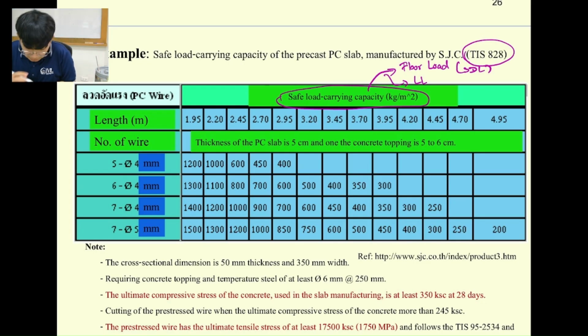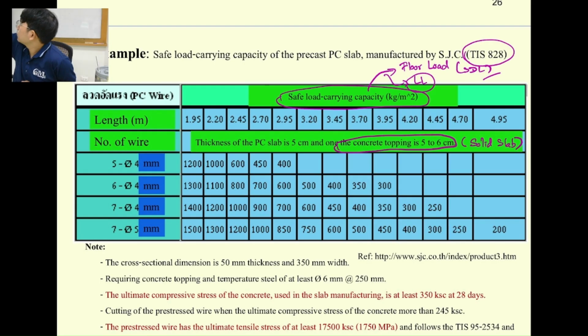To pick the solid slab, you require a concrete topping of 5 to 6 centimeters, which means they already include the weight of the concrete topping. What you need to consider is just the floor load and the live load over here in order to pick.